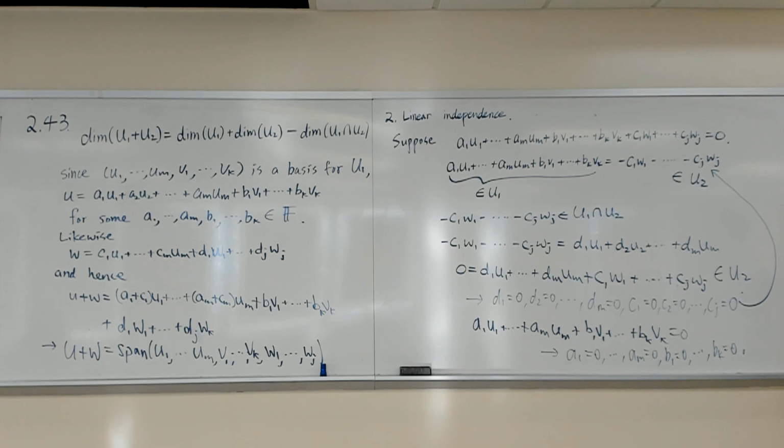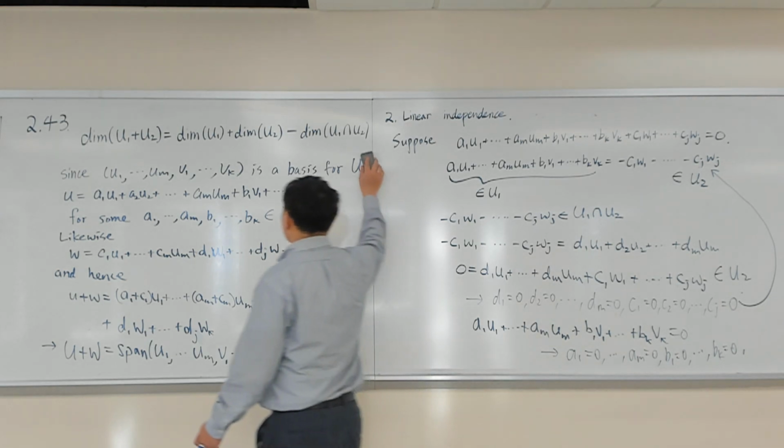Okay. Since we finished proving that u1 through um, v1 through vk, and w1 through wj span the entire u1 plus u2, and also are linearly independent, we've shown that this forms a basis and we're done. Okay?